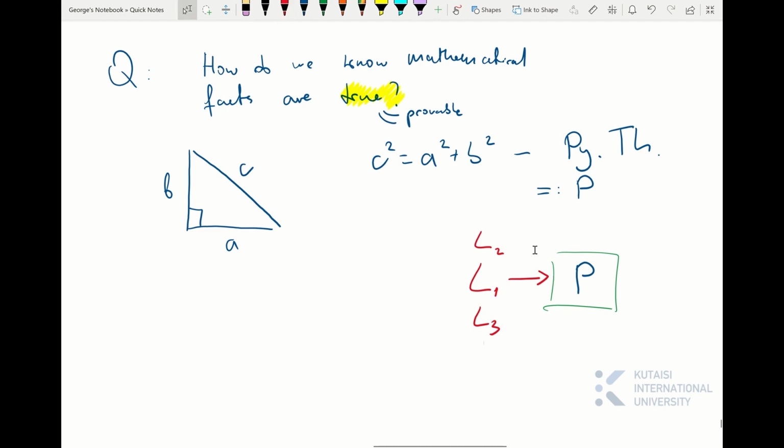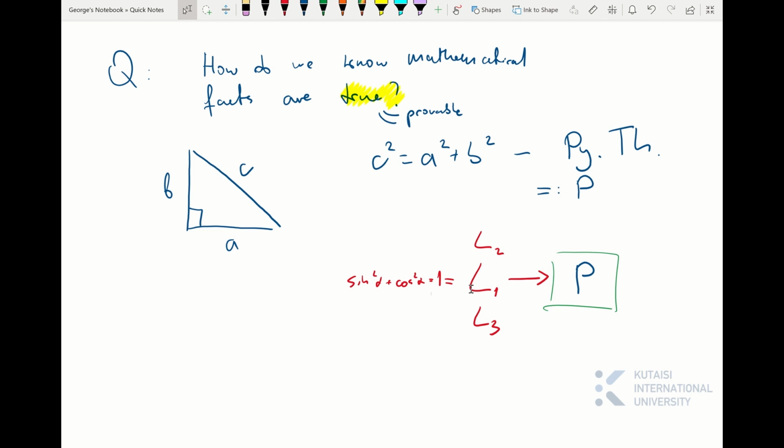So you use L1, which is maybe something like sine squared alpha plus cosine squared alpha is 1. You know this, for example. Then maybe you use some other things also, and then you prove Pythagoras' theorem. And you're asking, okay, how do I know L1? How do I know that sine squared of alpha plus cosine squared of alpha is 1 is true? Or how do I know L2?